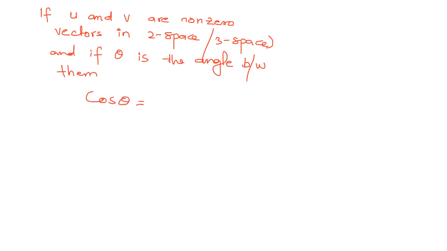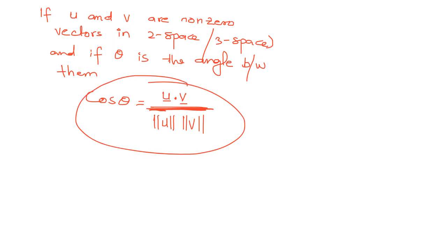Cosine of theta is equal to vector u dot vector v divided by mod of vector u and mod of vector v. So by using this formula, we can easily find the angle of any two vectors.